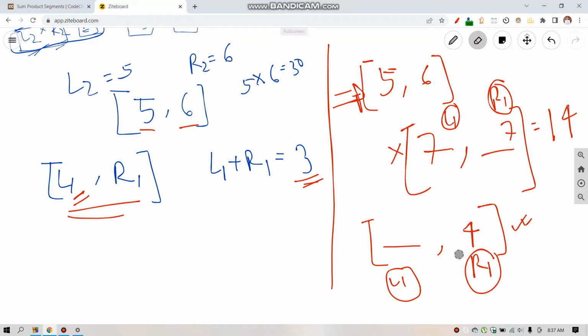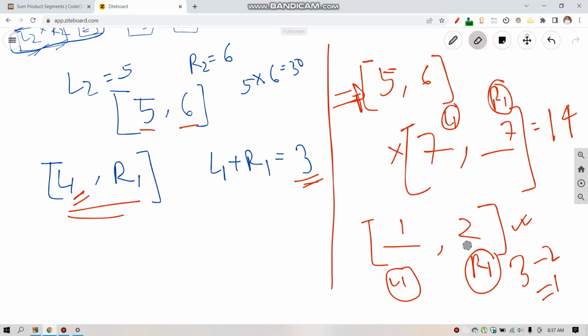So here we can take any value like 4 or 3 or 2. Suppose we took 2 here, so the remaining is 3 minus 2 equals 1. We have to write that there, so our L1 R1 range becomes 1, 2.